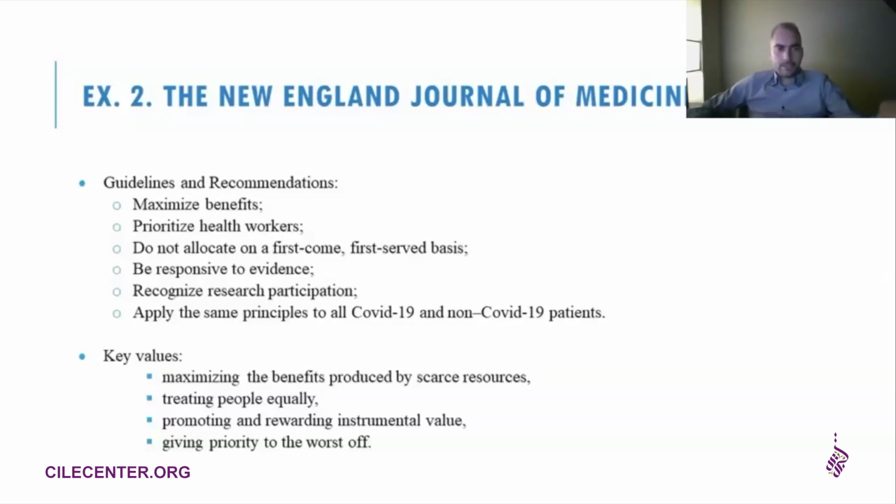So I think that maximizing the benefits, they repeated the same point in their recommendations and in the values. I think in this case, they mixed between values and recommendations.